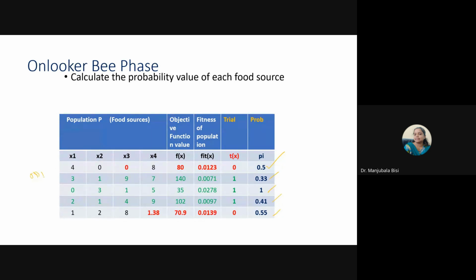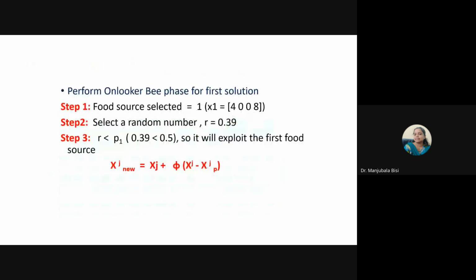Now OB1 is trying to explore this one. Let us see what is happening. In order to perform the onlooker B phase for the first solution, our first solution is 4008, right? So we have to select a random number. If you remember that concept, assume random number 0.39. If that random number is less than the probability of that food source, then it will exploit the first food source.